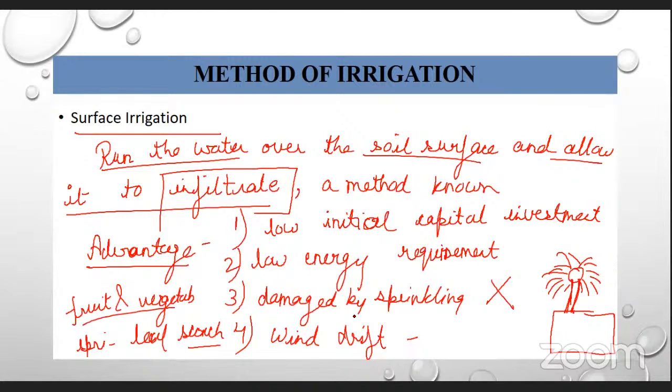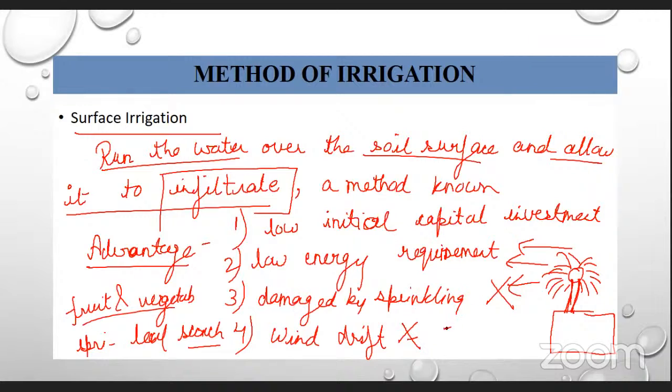At that time if the wind is blowing, then this water may move in the direction of the wind. But in surface irrigation we will not be facing any wind drift.